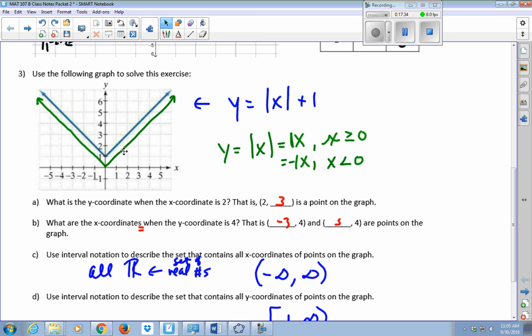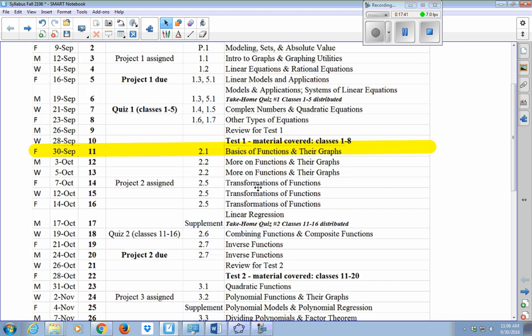Okay, I think most of you have had great attendance, but I just want to point out that starting next Friday, October 7th, and then notice we have Monday off.